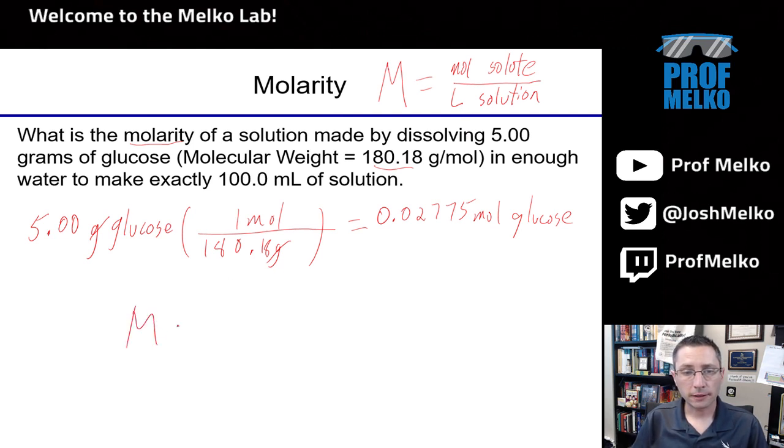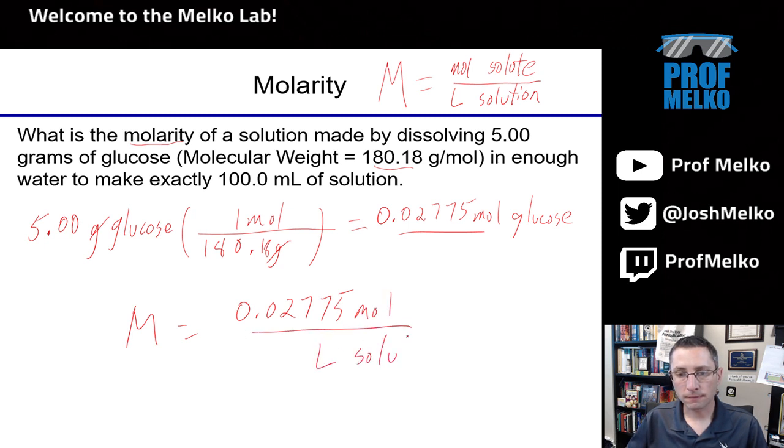Okay, for molarity, I'm going to calculate this by using this moles, 0.02775 moles of glucose, divided by liters of solution. Notice here that I'm given the milliliters of solution. 100 milliliters, you should be able to do the conversion, is 0.100 liters.